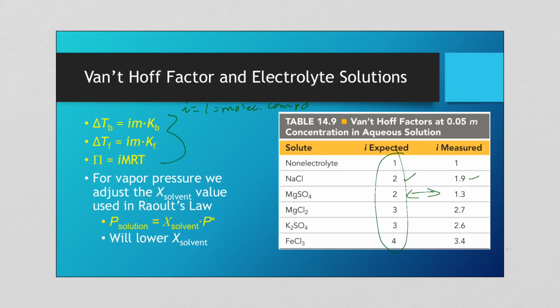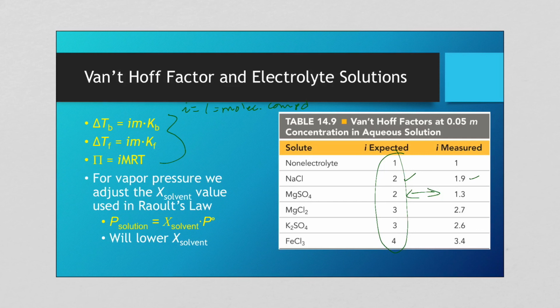Vapor pressure is a little trickier. For vapor pressure, it takes effect by looking at the mole fraction of solute versus solvent. When we calculate the moles of solute, we're going to look at the moles of solute particles.